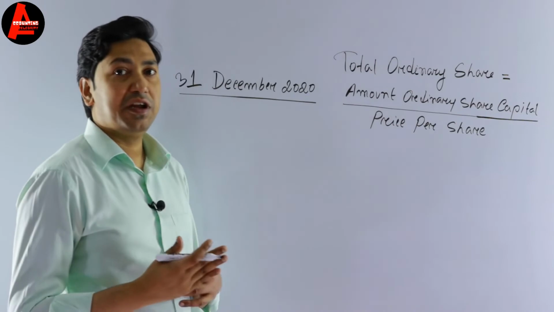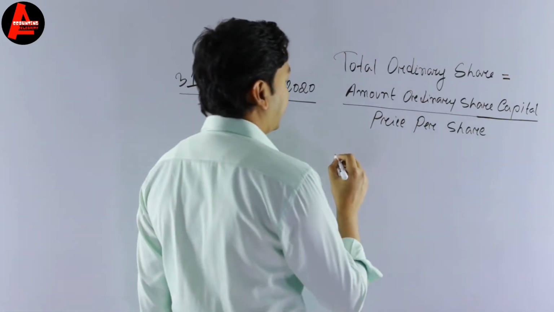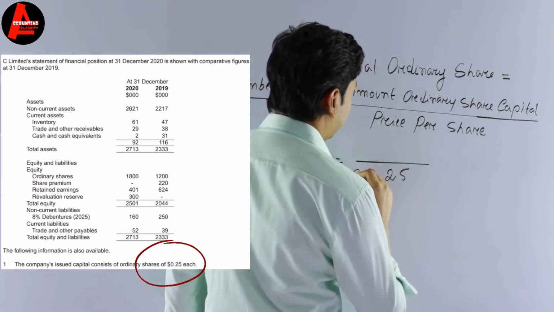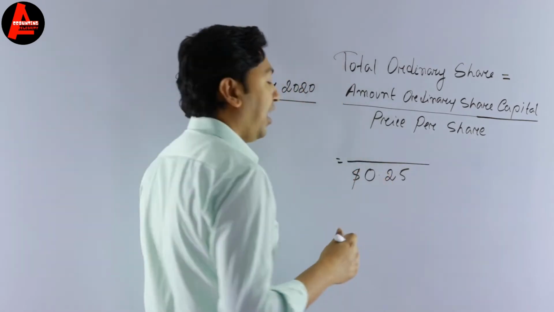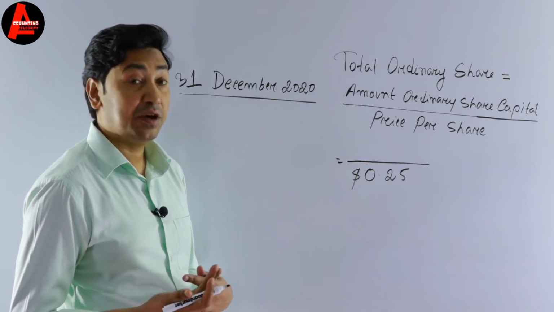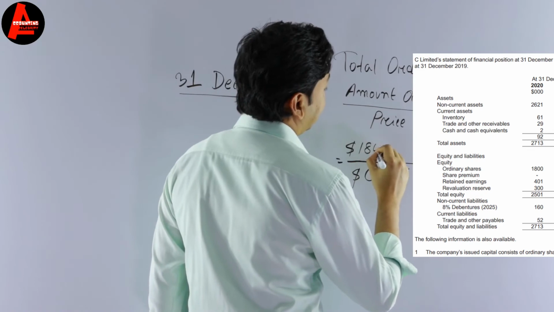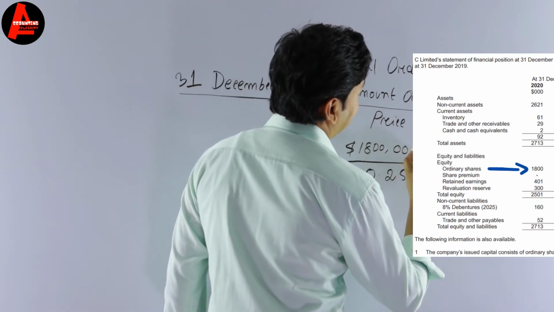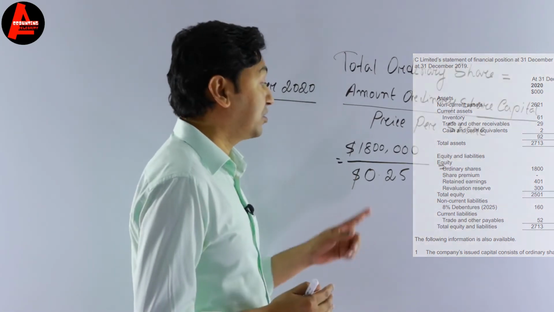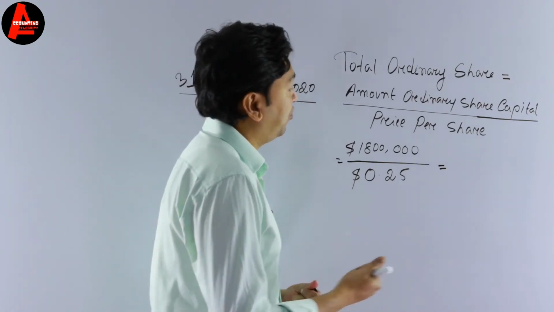In the question the price per share is given, which is $0.25, and the ordinary share capital is $1,800,000. Now if we divide $1,800,000 by the price per share, which is 0.25, what do we get?